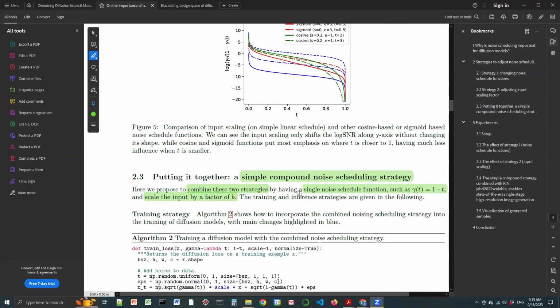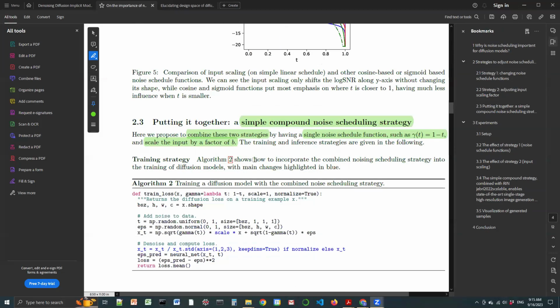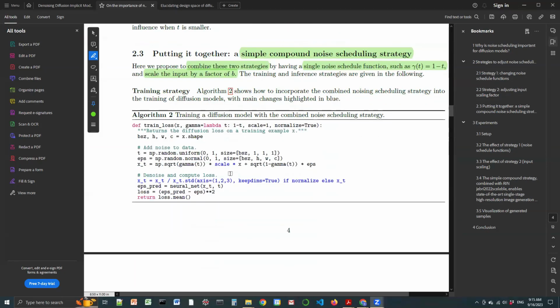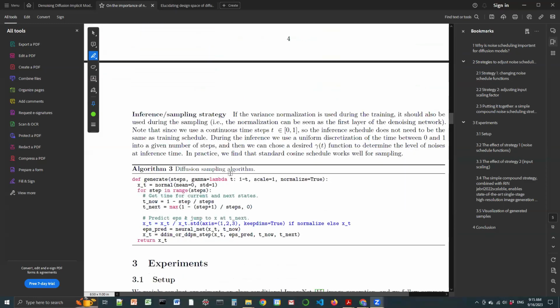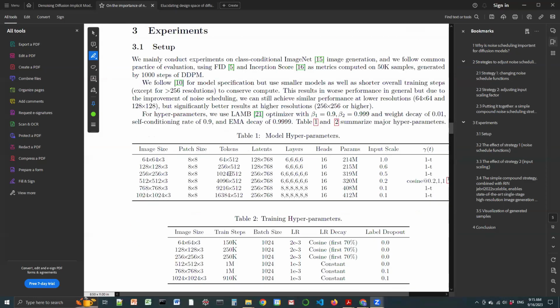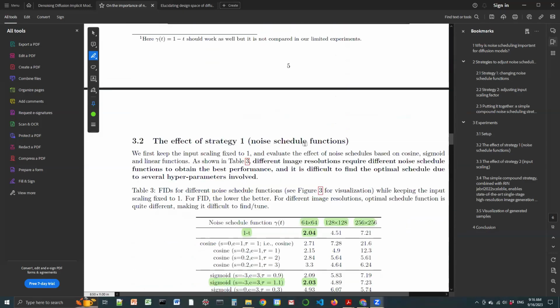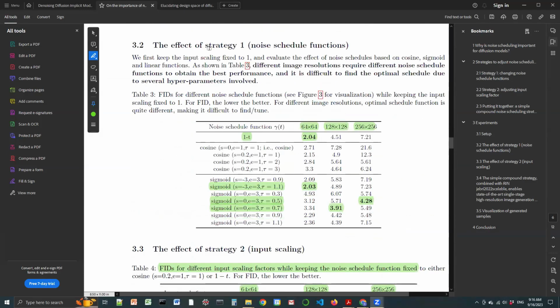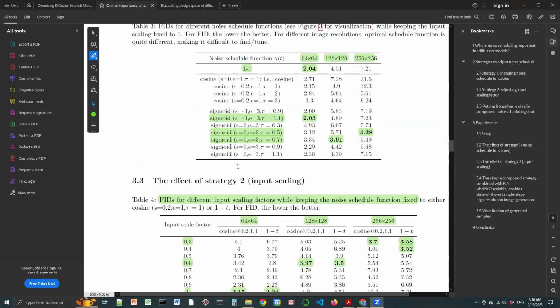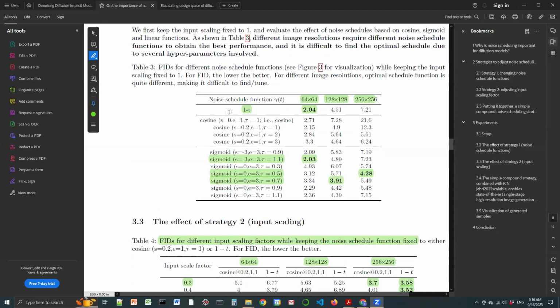And then they put it together and show a simple compound scheduling strategy. This is not something that he implements, but it could be an interesting exercise for us to play with. What he points to, which is interesting, is that depending on the noise scheduling function, here is sigmoid, here is cosine, you get different values for the best scheduling function, which gives the best results.